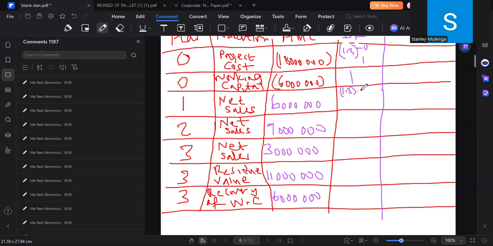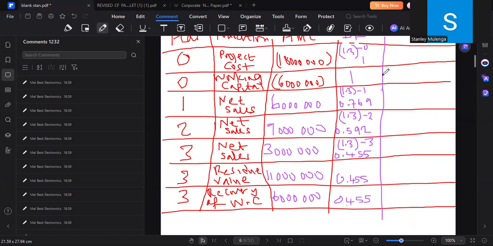Then 1.3 to the power -1 is 0.769. 1.3 to the power -2 is 0.592. 1.3 to the power -3 is 0.455. Even here, 0.455.